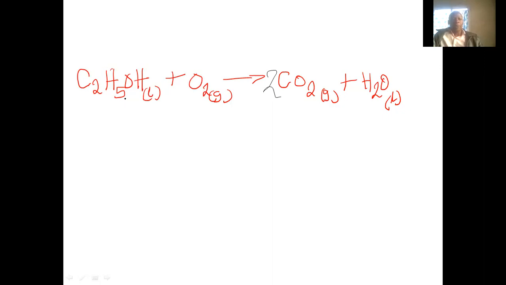We look at hydrogen. Hydrogen here, we have 6 atoms, which is 5 plus 1, 6. And on this side, you notice that we have only 2. So to make them 6, we can add 3 there, which is 3 times 2, which is 6.